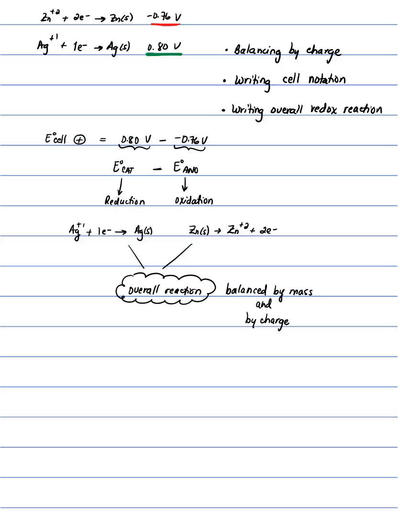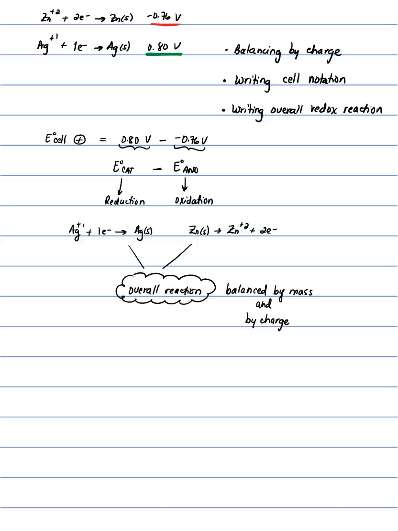So with this example here, which uses the same potentials that we used previously, we're going to do some things. We're going to combine these two half reactions to get an overall reaction, balancing by mass and by charge. And also we're going to use these two half reactions to write down a representation for a redox reaction that is known as cell notation.